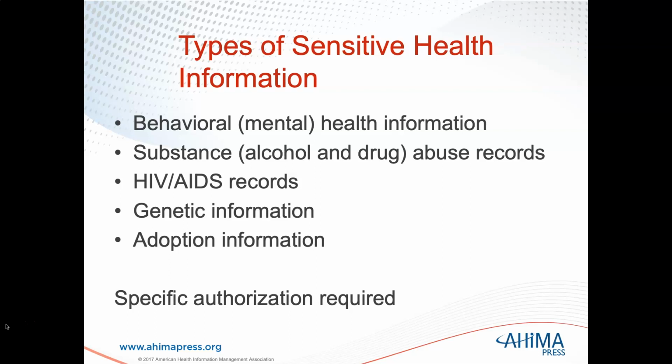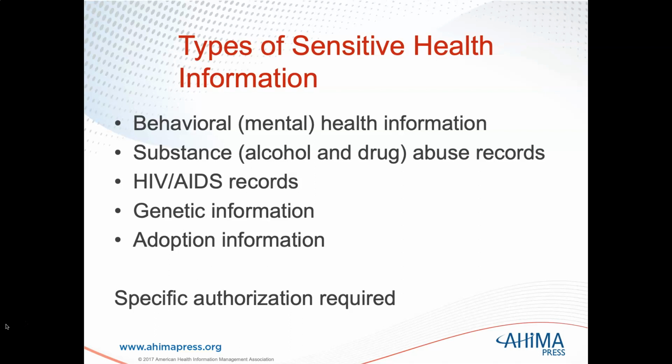So what are some types of super sensitive health information that has sort of a higher threshold to meet in order to obtain a copy? Meaning that it has to be specifically requested and specifically authorized.